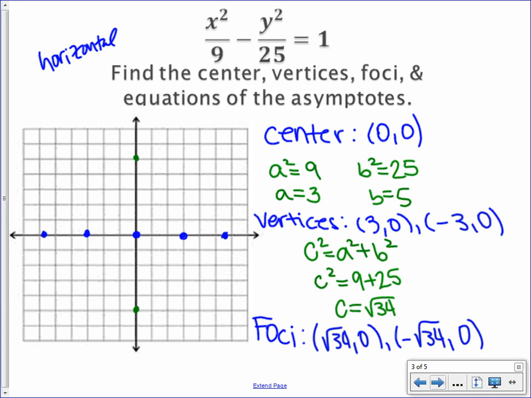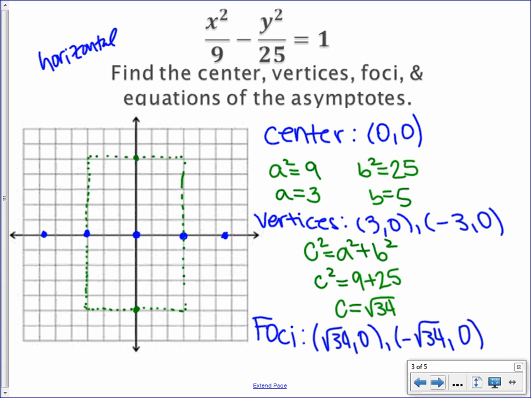Then what I want you to do is make a rectangle with your A and B points. This is not a part of your graph. It's just going to help us get the asymptotes.